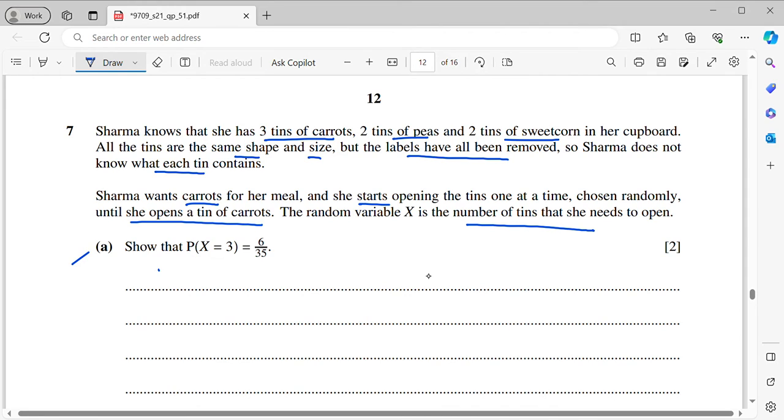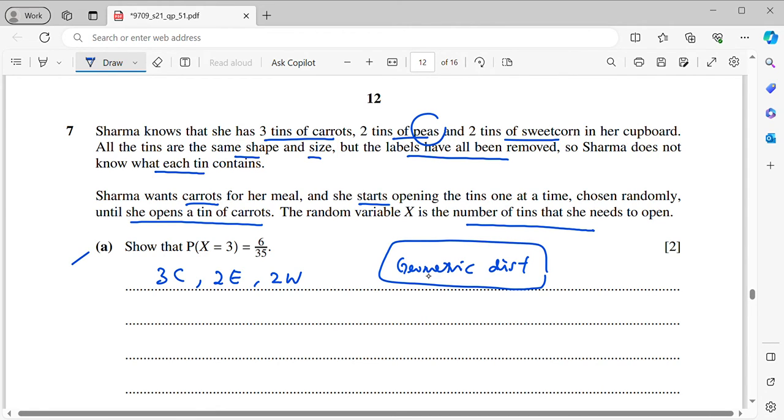So initially I will write 3C, C for carrots, and then 2E, E for peas, and then 2 tins of sweets, so 2W. Now obviously, this question belongs to geometric distribution, because you need to open the tins until she gets the tins of carrots.